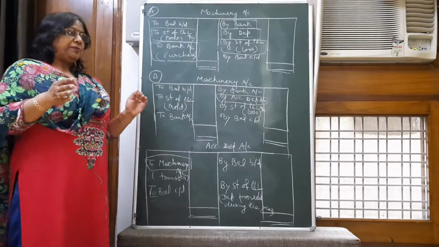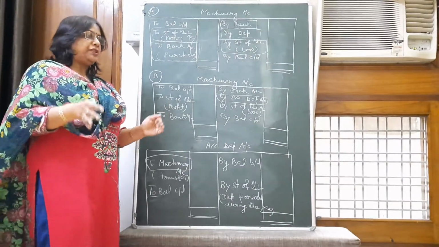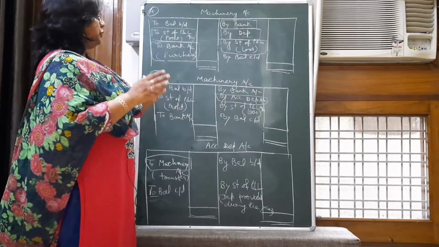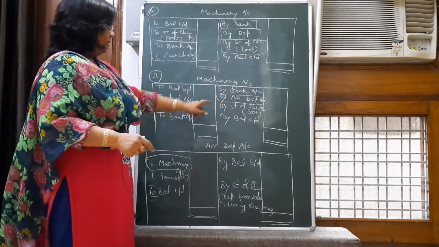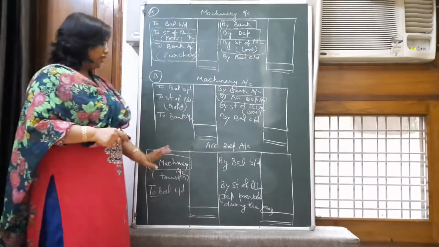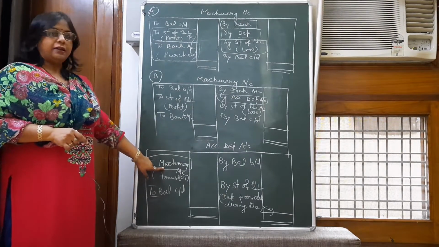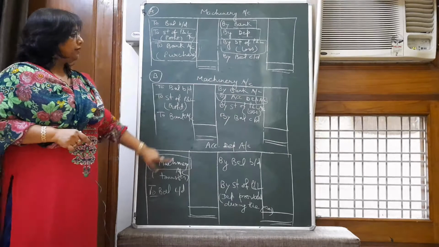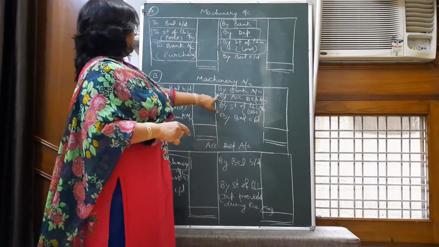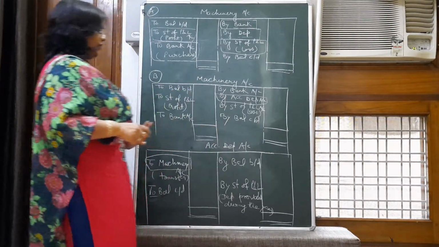Accumulated depreciation means whatever depreciation has been charged up to the time of sale over this piece of machinery, that is debited in accumulated depreciation account and credited to machinery account.